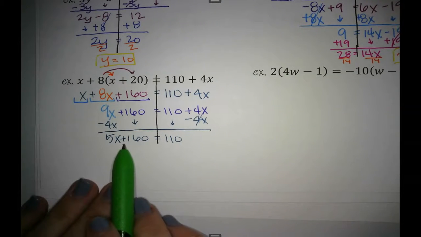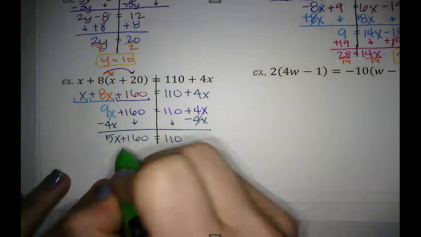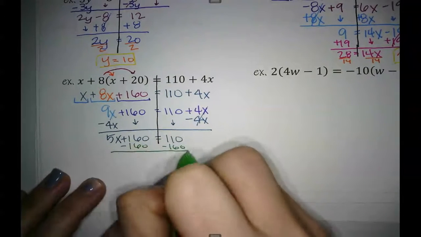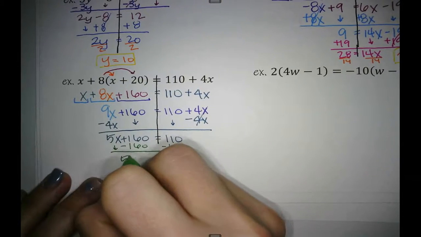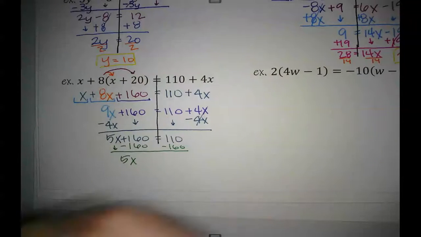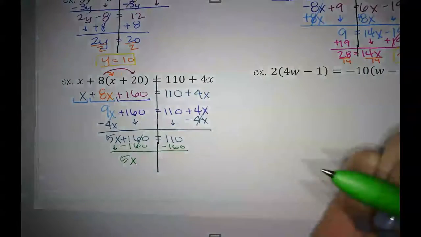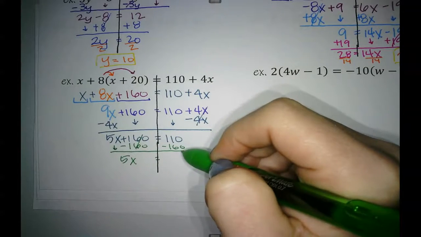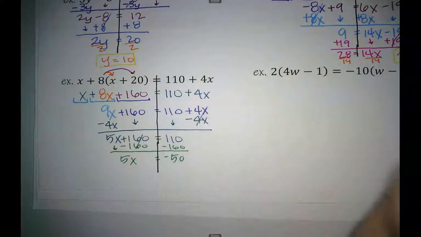We have adding 160 over here, so let's subtract it. 160. So nothing happened to this 5x yet. We'll get there. 160 minus 160, that goes away on this side. We got 110 minus 160, which gives me a negative 50.